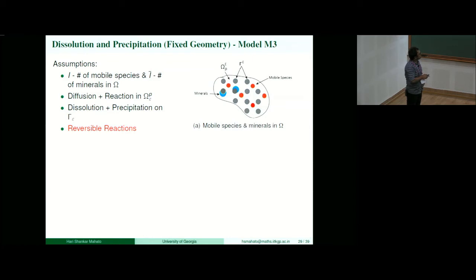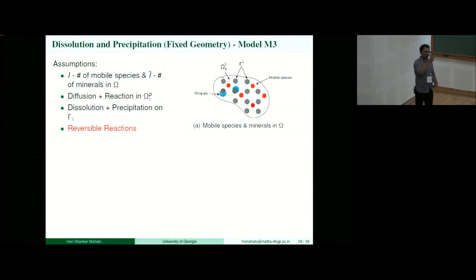I start with the same assumption that I have I number of mobile species, and they all go through diffusion and reaction. In this case, you also have some crystals or minerals or immobile species, whatever you want to call them, present on the surface of the solid parts. All these reactions are reversible.